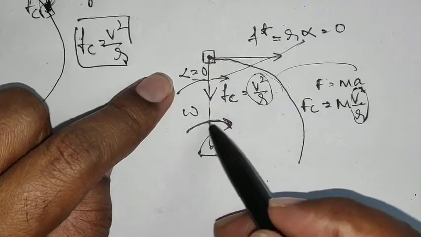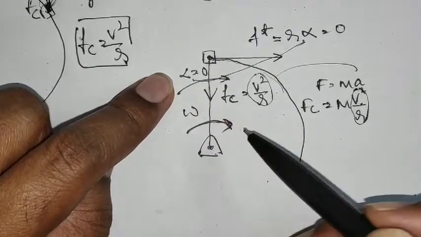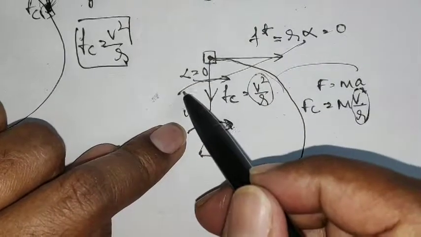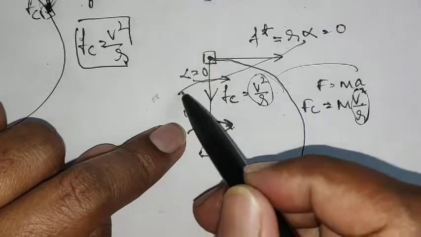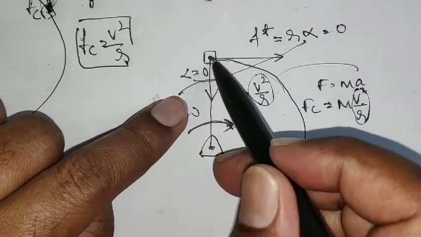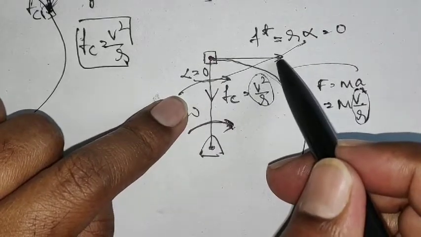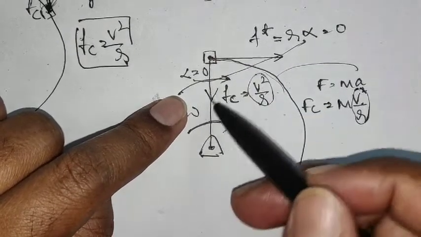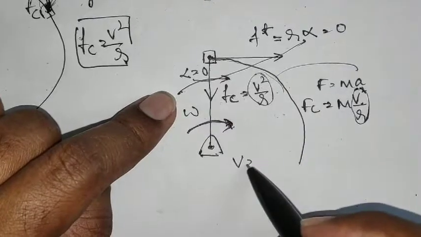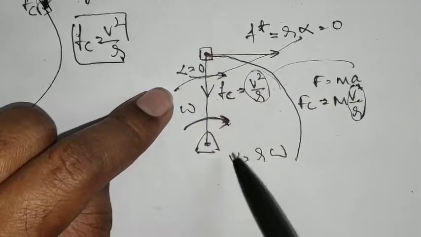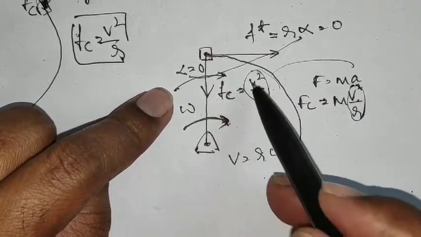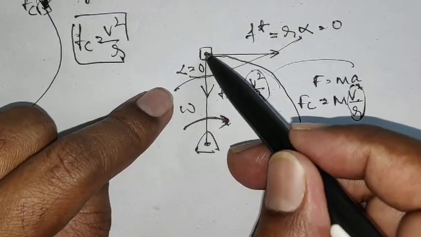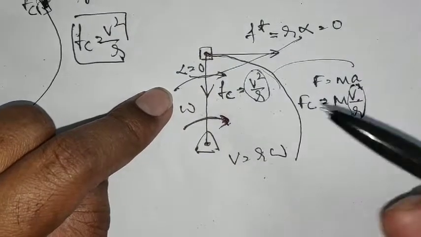Even when a link is rotating about a fixed point, when it has angular velocity but no angular acceleration, the tangential acceleration becomes 0. But the centripetal acceleration depends on the velocity, where v is nothing but r omega. Once you have the velocity of some point, that velocity squared divided by r will give you the centripetal acceleration.